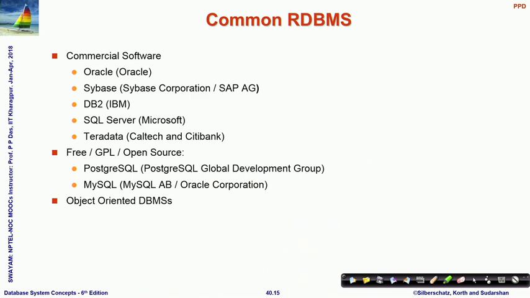So, what you have learnt here would be applicable irrespective of which of these database systems you are using, but of course, there are specifics which would be different amongst them.